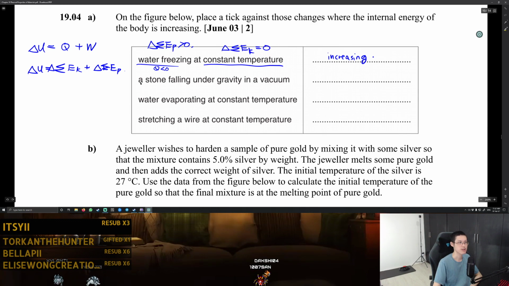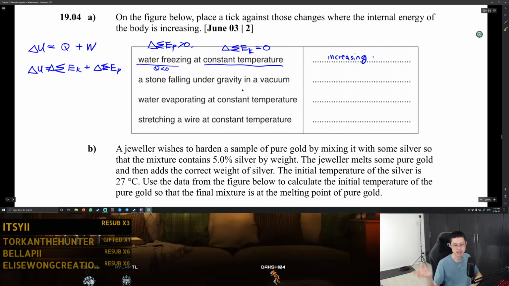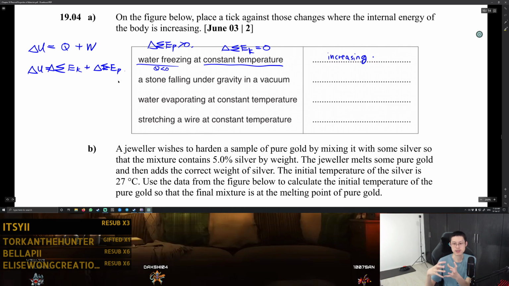Okay, the second one, you have a stone falling under gravity in a vacuum. You would think that the gravitational potential energy is decreasing, right? If you drop something, the GPE decreases, but this potential energy term in this equation does not actually refer to the potential energy of the substance or the system as a whole.